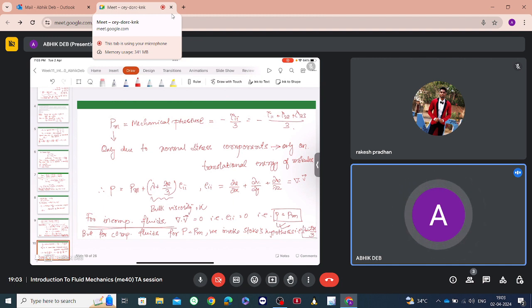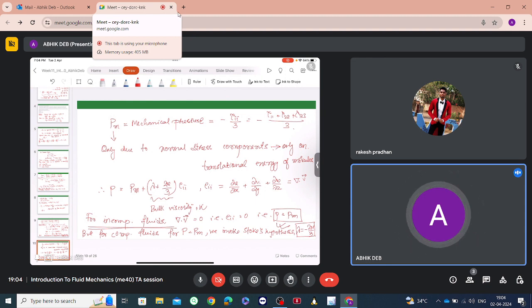That is the Stokes hypothesis, right? In this case, when lambda is equal to minus 2 mu by 3, then this term will also become 0.